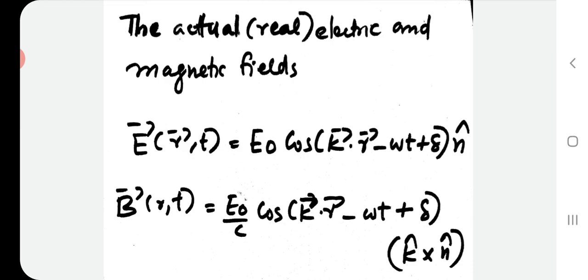Then B of r,t, the real magnetic field, equals E0 by c cos(k dot r minus omega t plus delta), and we know it is k cross n. So these are the real electric and magnetic fields, and we will be using this real part for the calculations later.